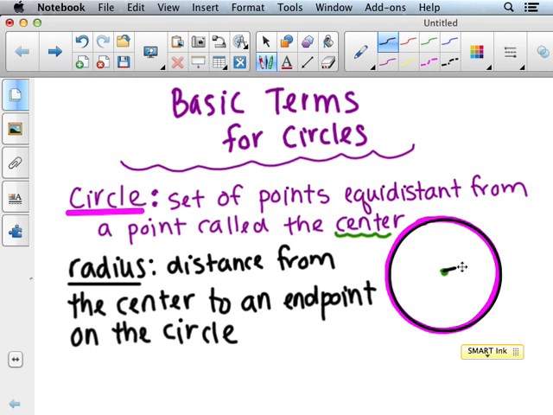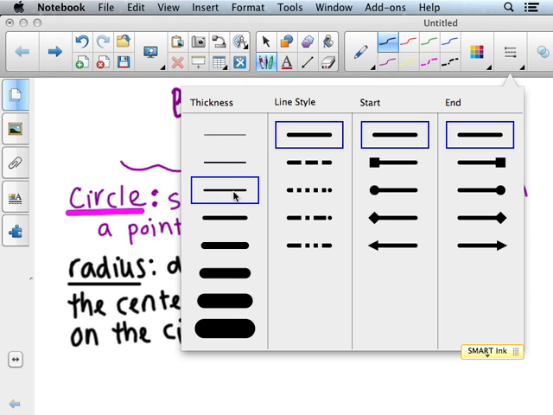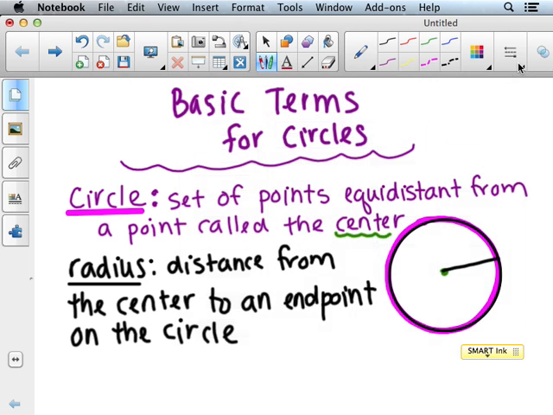So this would be a radius here. And there's our center. The next word is diameter. And the diameter is, well, actually let's rewind for a second.